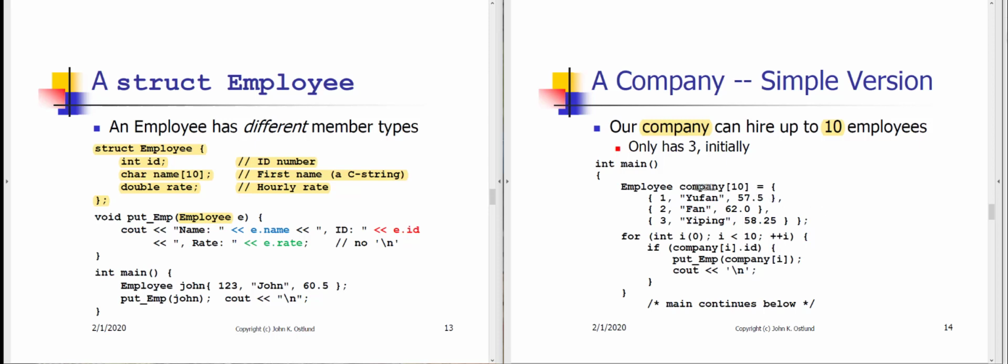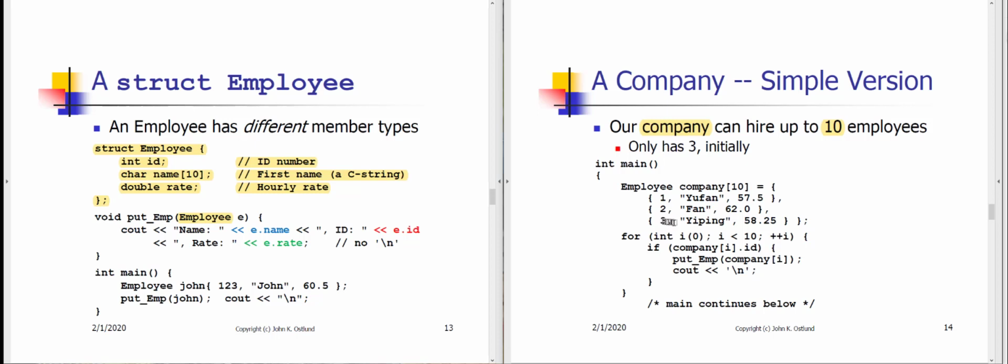Here, company is an array of 10 employee, and the first 3 are initialized with 1, UFAN, 57.5. My apologies if I'm butchering these names. These are former students. Another employee is ID number 2, fan, and rate is 62.0.